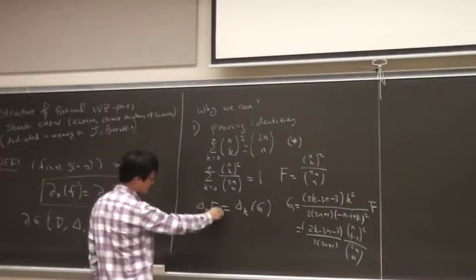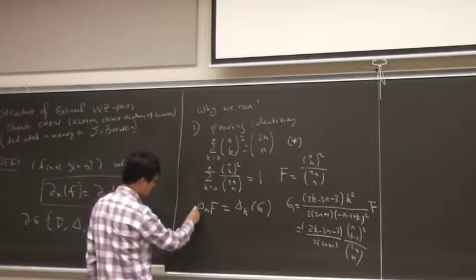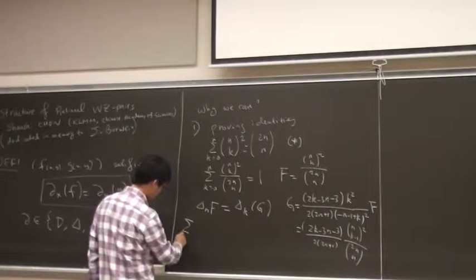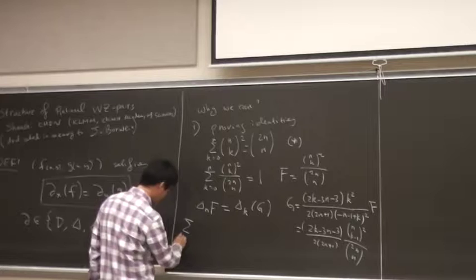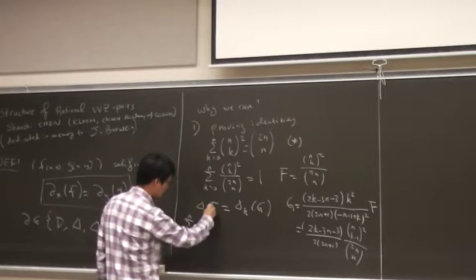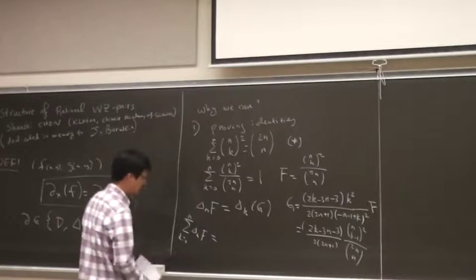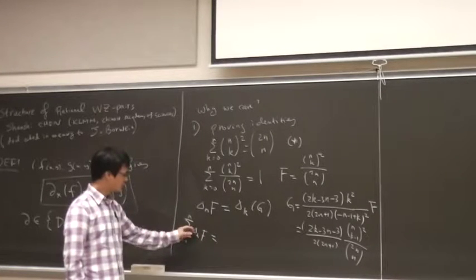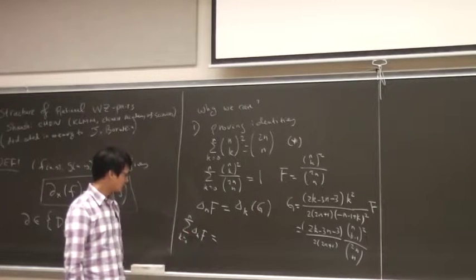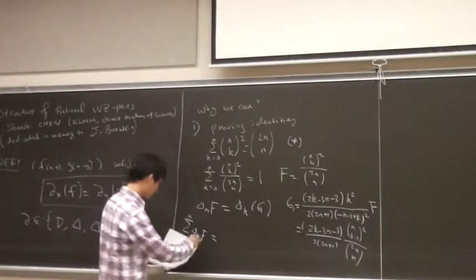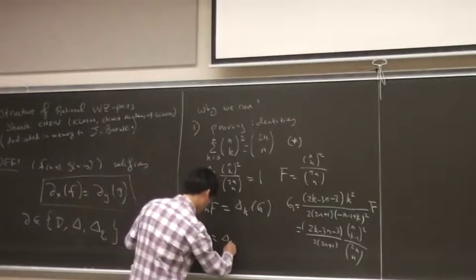You will sum over this. You want to prove this identity, so you sum for k from 0 to n on both sides, and then you will get delta n f. And then notice that you can commute those delta n and the sum with respect to k, but it's not fully commuted.